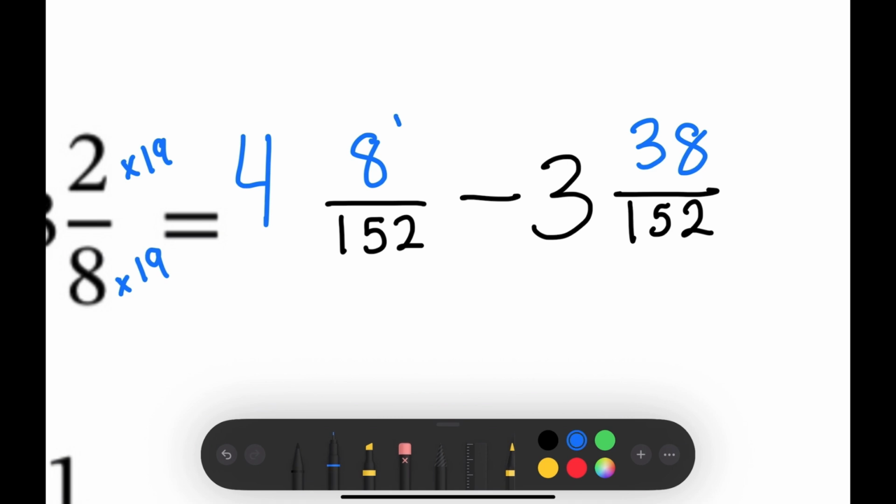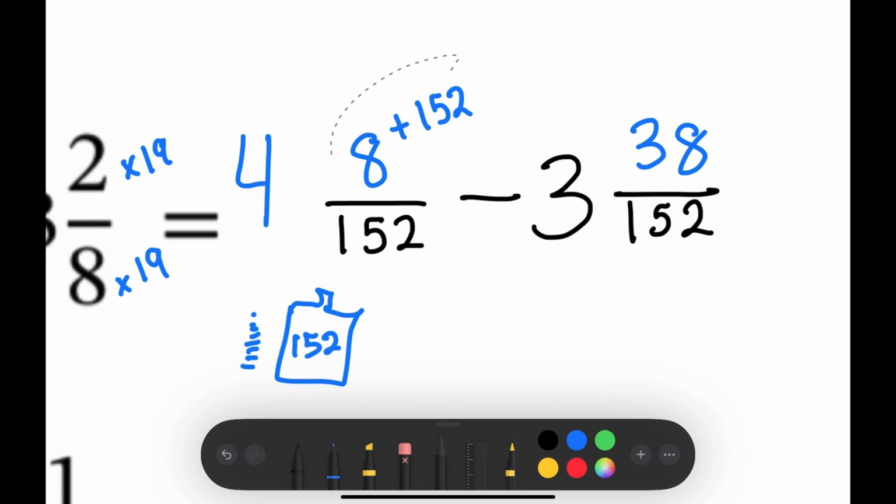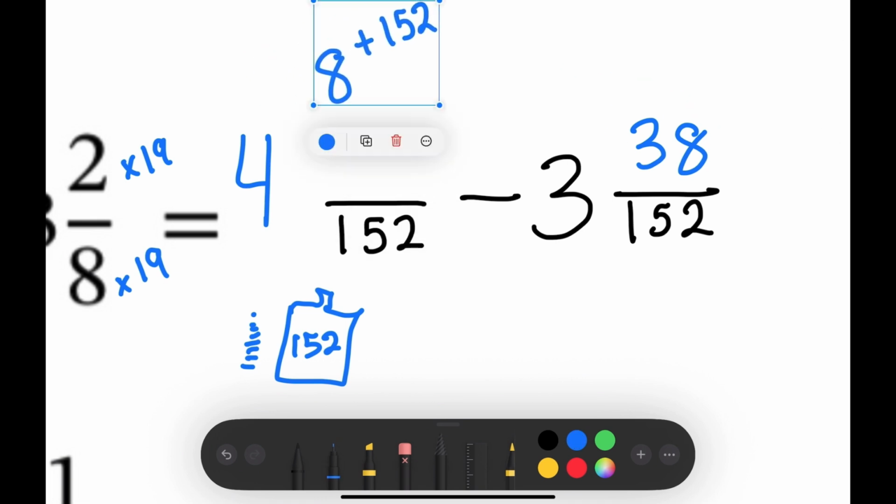And we're going to add 152. Like, imagine you needed some money, so your friend gave you a jar and it had 152 coins in it, on top of the 8 cents that you already had. Pretty nice friend. So now 152 plus 8, well, that's going to be 160.